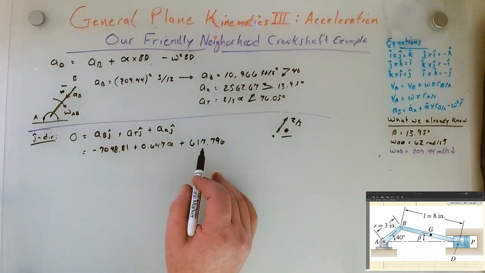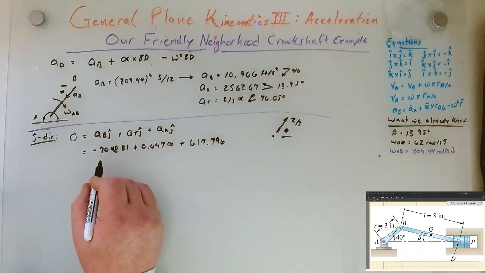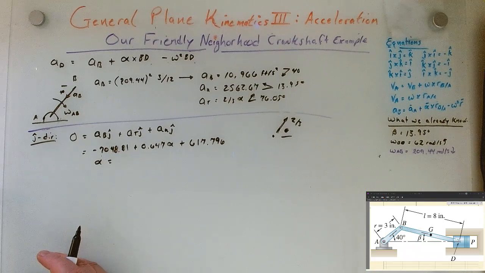So alpha is going to be this plus this divided by that. So alpha equals 7048.81 minus 617.796, divided by 0.647, and that gives me 9939.74.